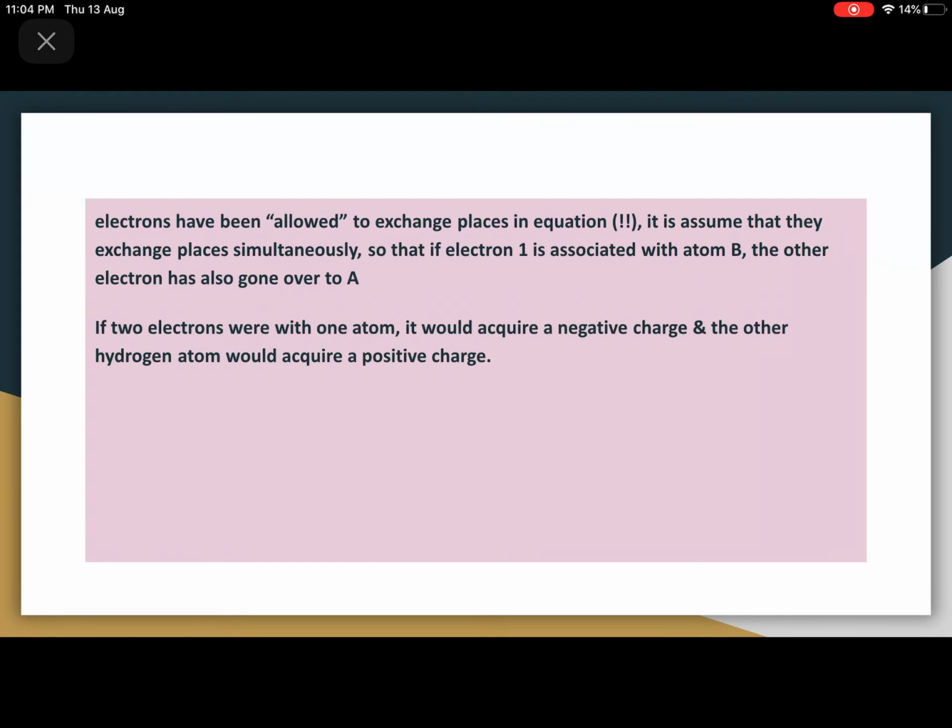If two electrons were with one atom, it would acquire a negative charge and the other hydrogen atom would acquire a positive charge. Suppose there are two hydrogen atoms and one hydrogen atom has two electrons. That hydrogen atom will have a negative charge and the other hydrogen atom would have a positive charge.